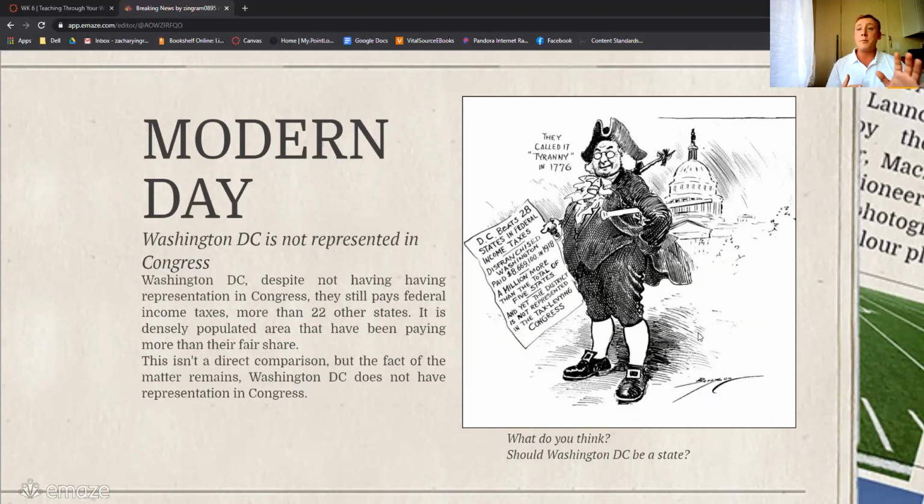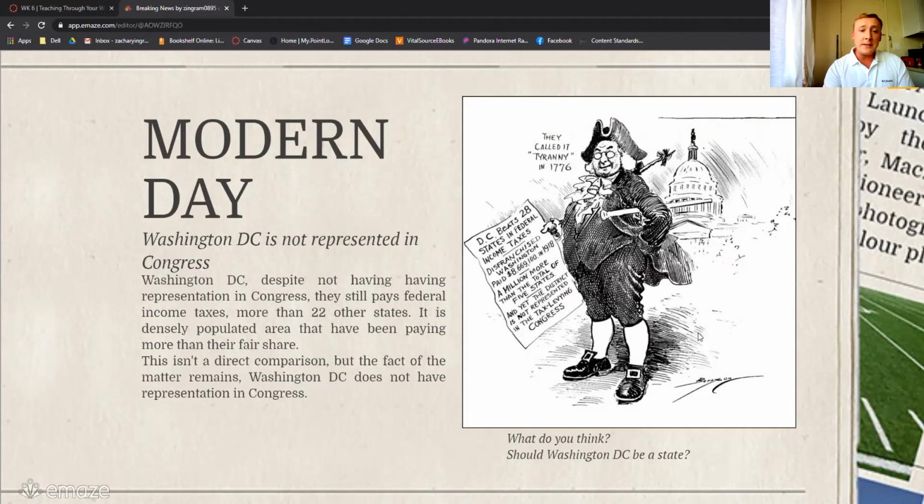A perfect example of this is modern day Washington, D.C. It pays more federal taxes than 22 other states, and it has a larger population than 7 other states. So it's interesting that a huge population of people are not granted the same representation within our Congress that other states that contribute less to the overall budget of the United States are.